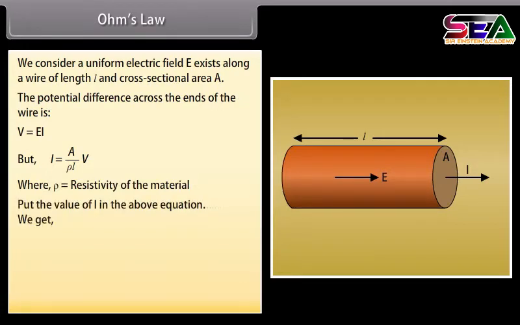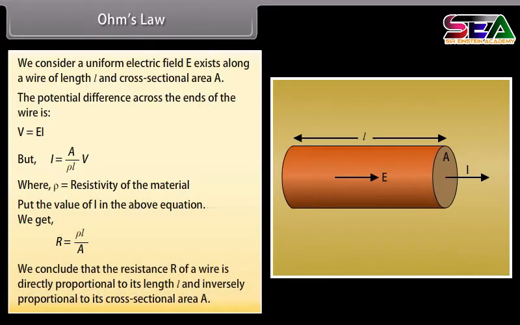Putting the value of I in the above equation, we get the resistance R = ρL/A. We conclude that the resistance R of a wire is directly proportional to its length L and inversely proportional to its cross-sectional area A.